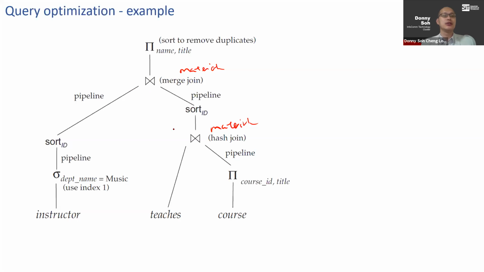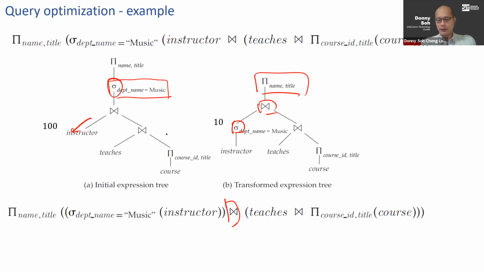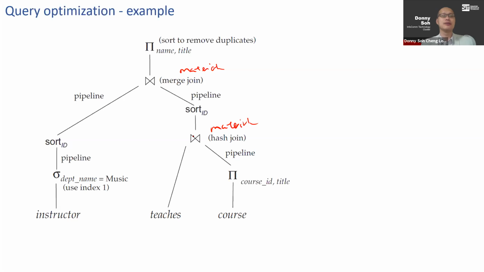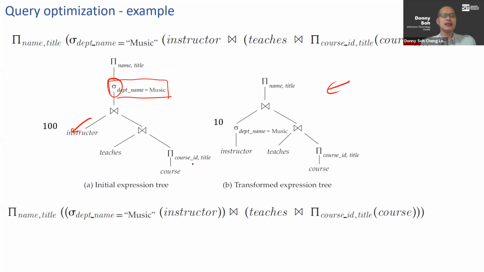So if we want to put down even how it is being executed, we are able to do it. But typically for this module, I'm happy if we can stop here. We don't need to go up to this level to show the pipelines or the materialization. Okay, so this level I think is good enough.